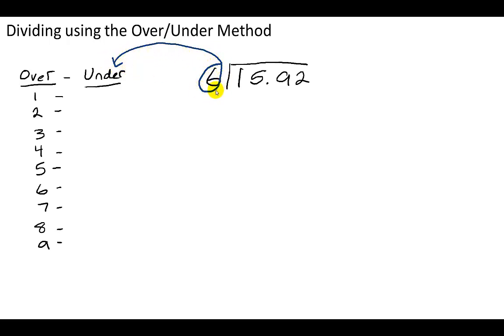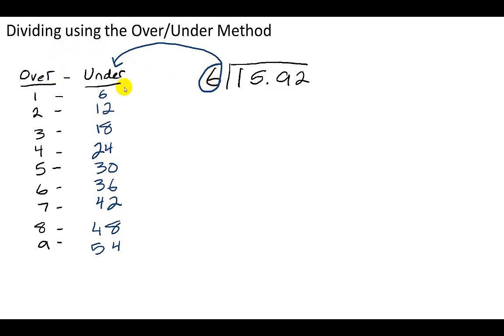We're going to end up counting by this number. In this case, we have a 6. So we're going to count by 6s: 6, 12, 18, 24, 30, 36, 42, 48, and 54.